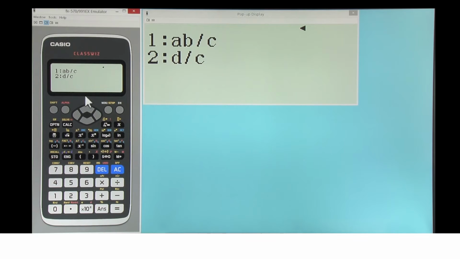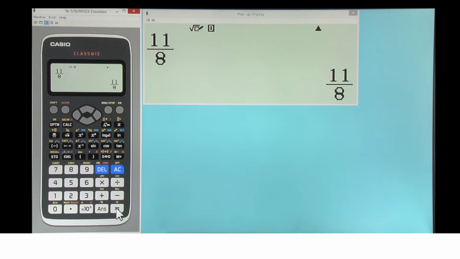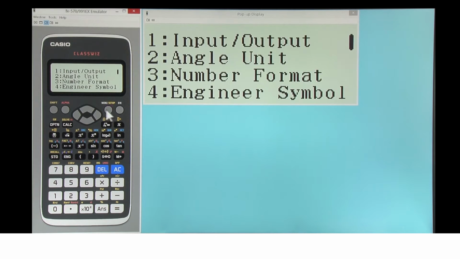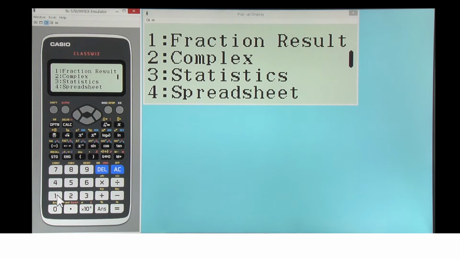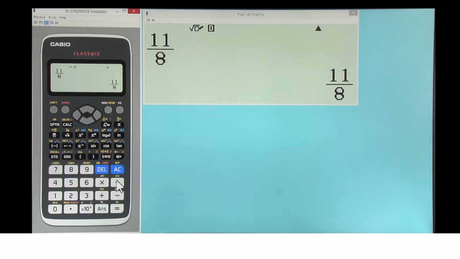In this case, if I change by pressing number 1, then the result will always be a proper fraction. And we can always change it from one to the other like this. However, I prefer to see improper fractions, so I'm going to change my ClassWiz back, using the fraction result, back to the second one.